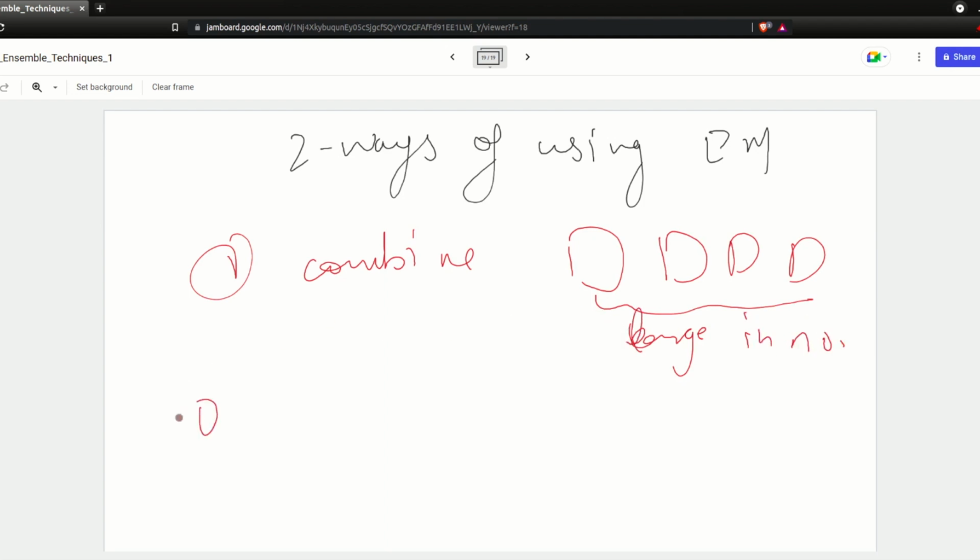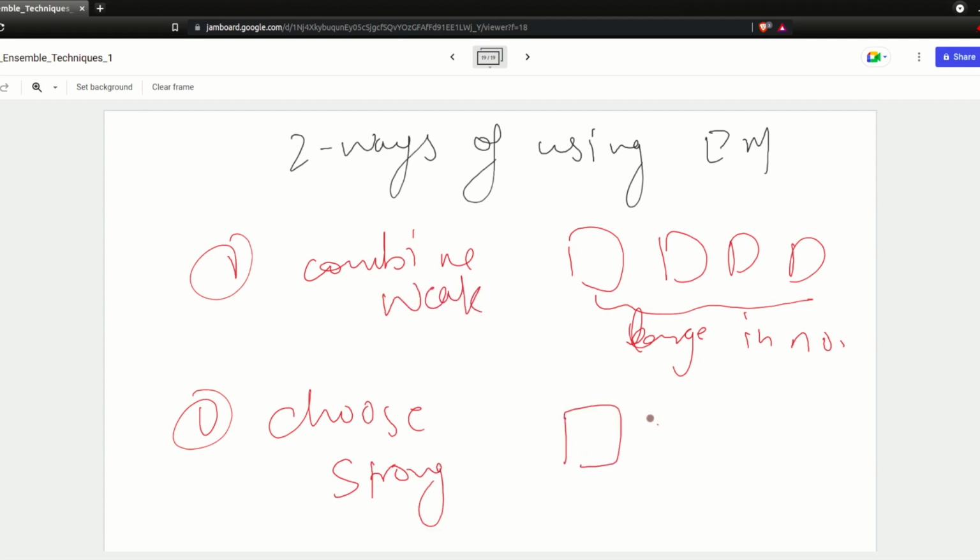The second way is that you can carefully choose strong learners, and they might be fewer in number. So this is the way we can approach this kind of problem.